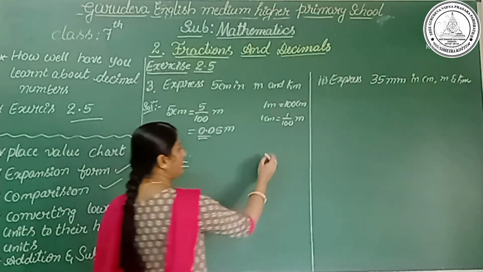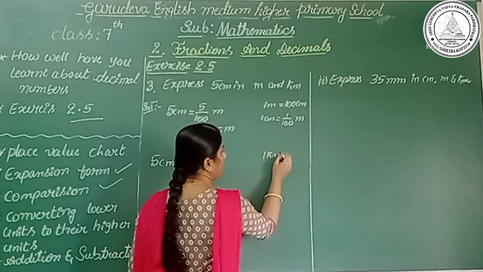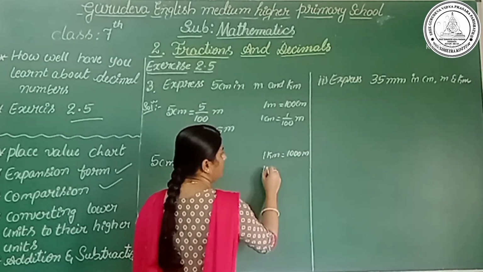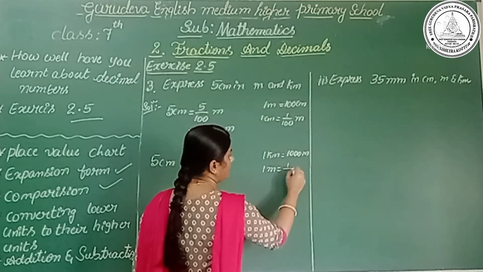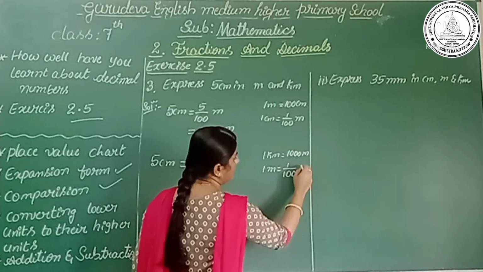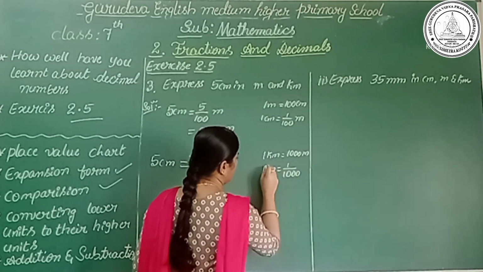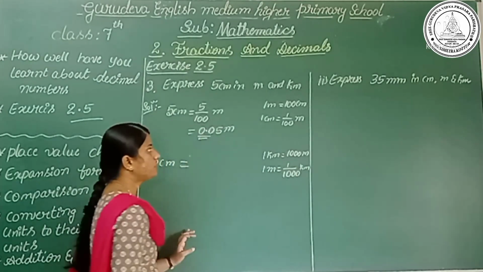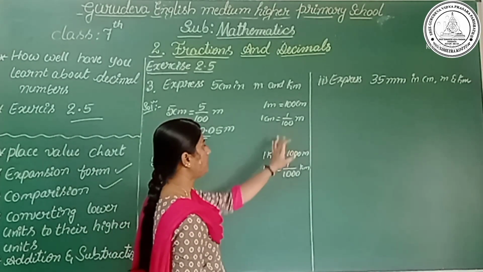So we know that 1 kilometer is equal to 1000 meter. Then 1 meter is equal to 1 by 1000 kilometer. Right? So here 1 centimeter is equal to 1 by 100 meter.